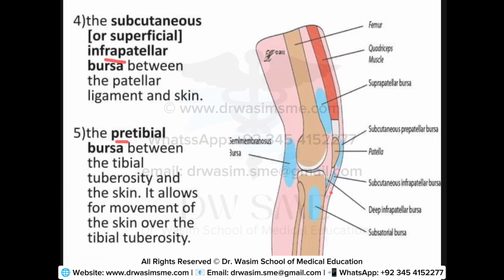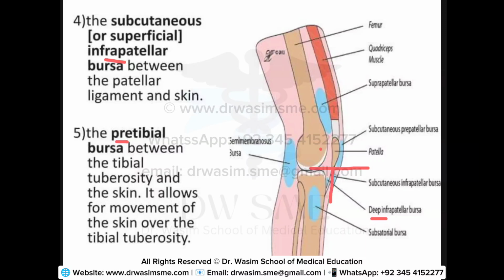Then we have the infrapatellar, which are further divided into 2, the deep and the subcutaneous or the superficial. So as you could appreciate from this, the ligamentum patellae is going to be the landmark. If it is present deep to it, it will be deep infrapatellar because it is present below, and then it is further going to be divided like this.